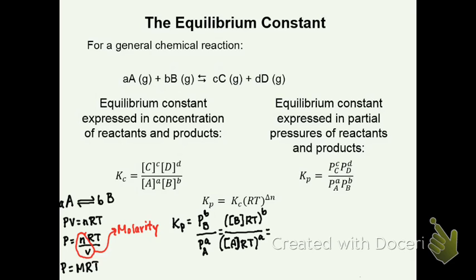And we can factor out the RT term, and so we can write this as concentration of B raised to the b divided by concentration of A raised to the a, times RT raised to b minus a.